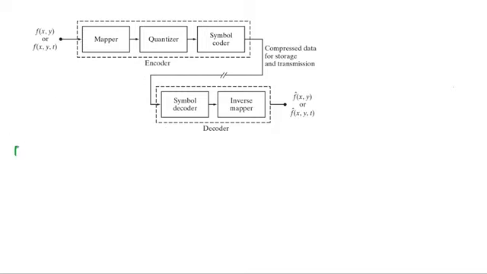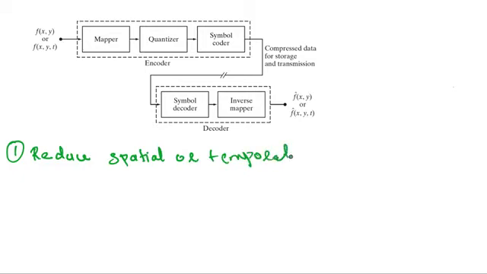The purpose of the mapper is to reduce spatial or temporal redundancy. Spatial redundancy is in an image where adjacent pixels look similar, so we can group them and represent those groups with a smaller amount of information.